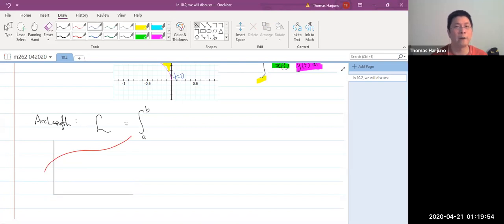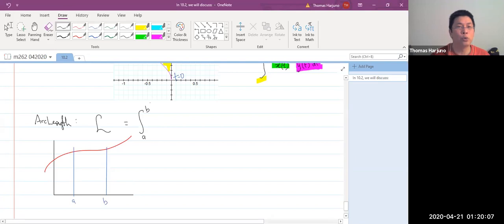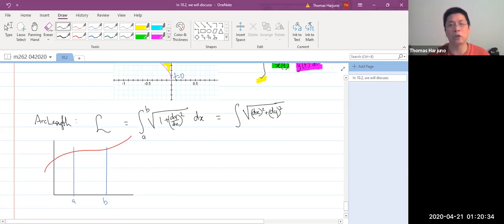This is when x equals A, and this is x equals B. At that time, we use the square root of 1 plus (dy/dx) squared, dx. If you remember, it was originally coming from the square root of (dx) squared plus (dy) squared. That's what it's supposed to look like. But we cannot do this kind of integral because you have two variables of integration with only one integral sign. That's where it came from though.